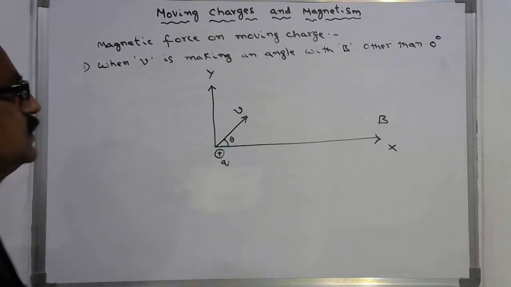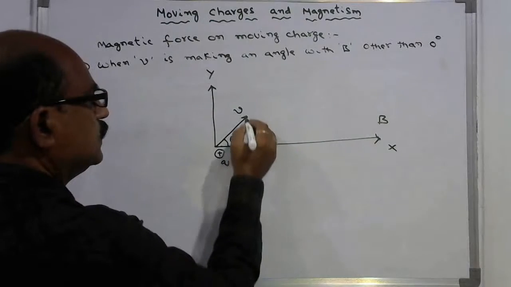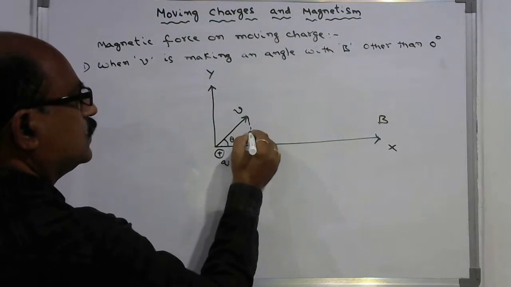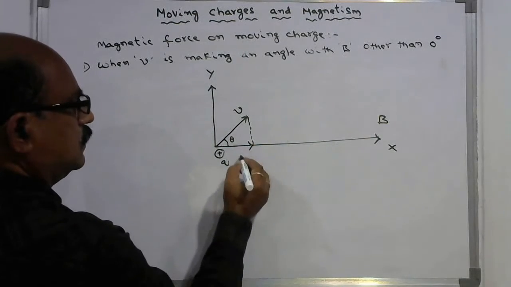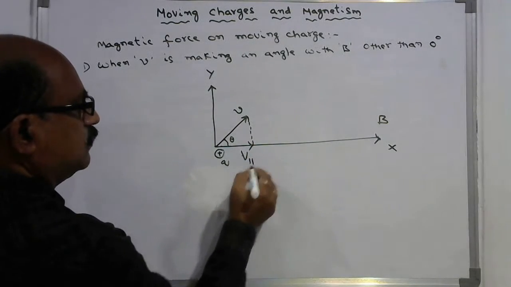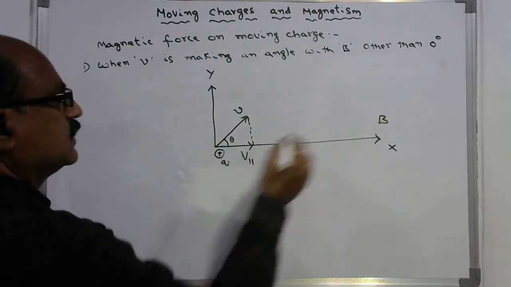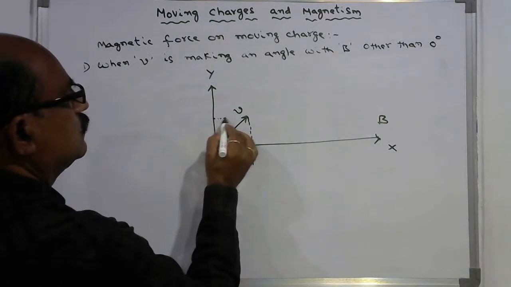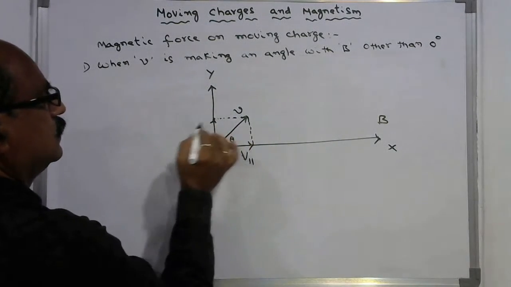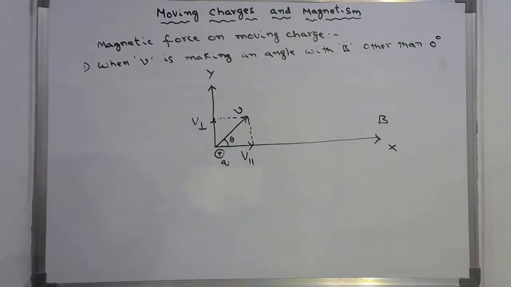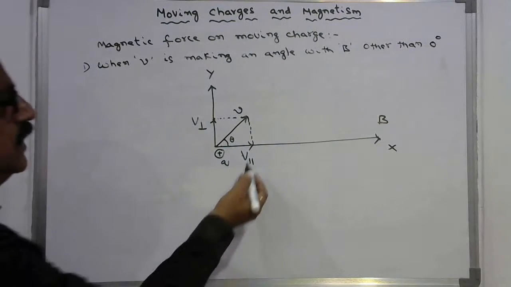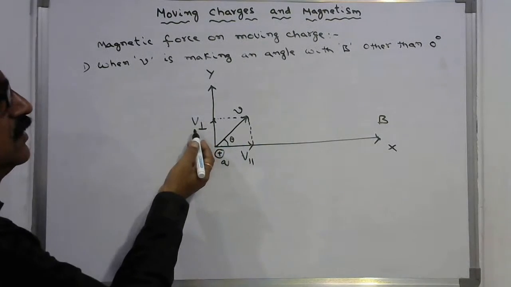Then this velocity of the charge is resolved into two components. One is the velocity along the parallel direction, along the x-axis, and this is the vertical component, the perpendicular component. So the two components are the parallel component and the perpendicular component.